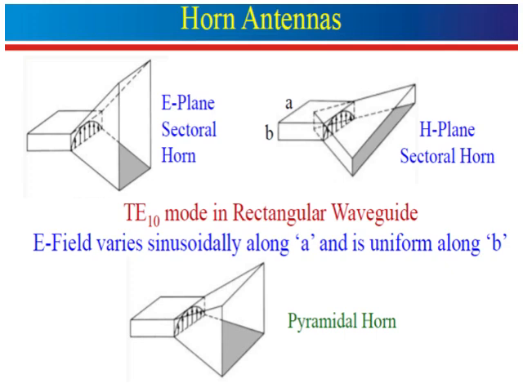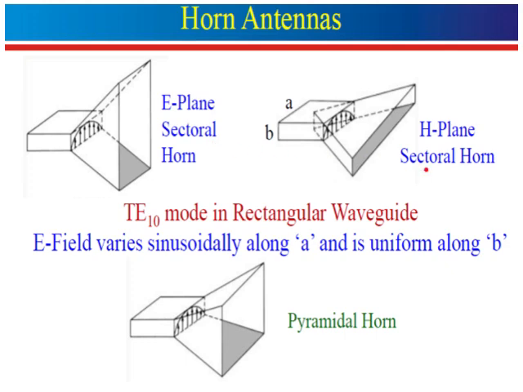There are three basic types of horn antennas: E-plane sectoral horn antenna, H-plane sectoral horn antenna, and pyramidal horn. In the E-plane sectoral horn antenna, whatever deviation we make with respect to the horn is done vertically in the E-field direction.